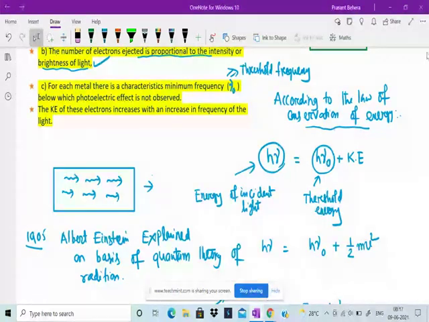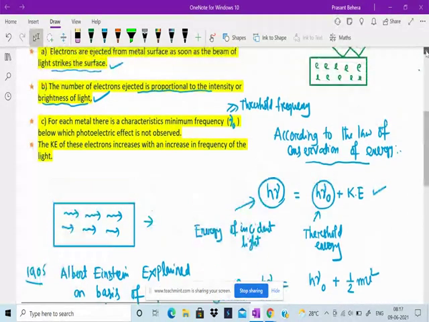A part of the energy is used to eject the electron from the metal surface, to overcome the attractive force of the nucleus. That is called the work function. The other part of the energy is converted to kinetic energy.